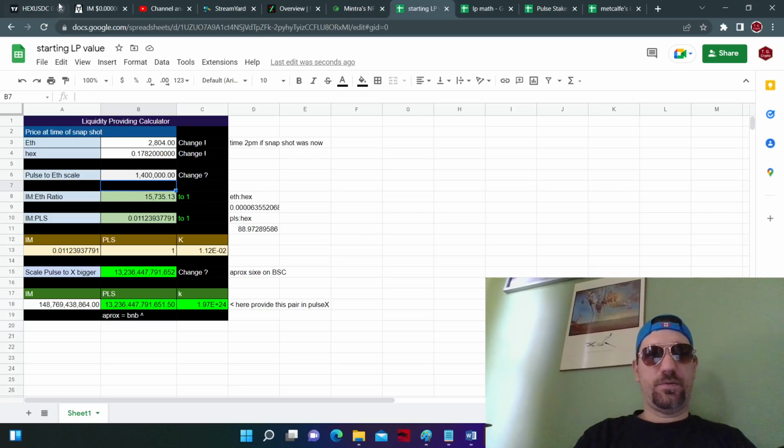I just did the math for you guys. You find the price of the Ethereum, because that's what Pulse is going to be based on. Find the price of the asset you're looking for, IM, Hex, whatever you're looking for on Pulse Chain. And you can easily divide the Ethereum number by the smaller number to find out how many of the smaller coins you would get for 1 Ethereum, or vice versa to find out how many Ethereum you get for the smaller coins.